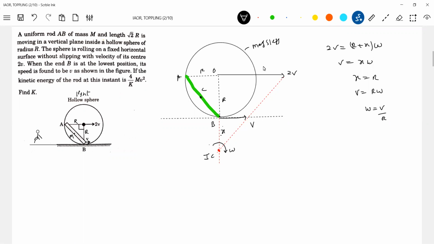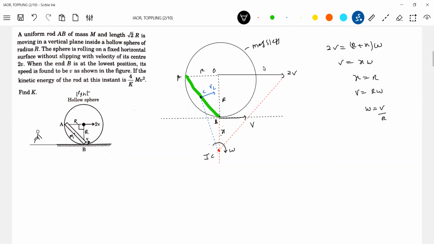Okay, now how to calculate the velocity of center of mass? Here I'll take help of mathematics. This is the point B. The velocity of the center of mass should be directed perpendicular to the line from the instant center, so I'll put it in this direction. This is the velocity of the center of mass.